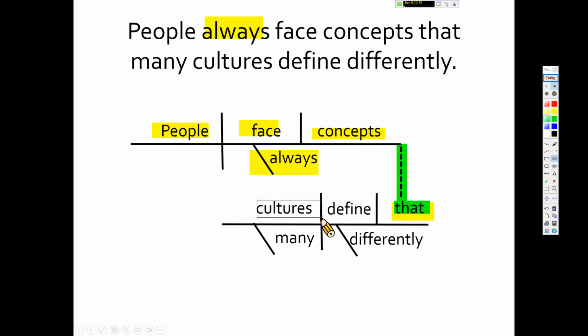So cultures, and this is define that, define concepts. And how many cultures? Many. And define differently. So this is the whole structure. Okay, so now please make some revision by yourself.